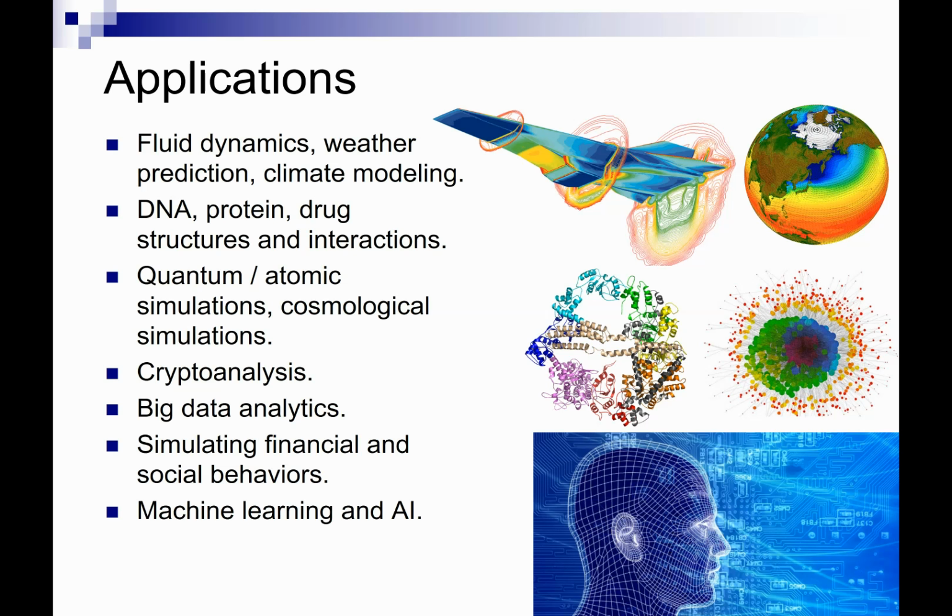And another very important application for parallel computing nowadays is machine learning and artificial intelligence. Of course, you all know about the importance of things like deep learning and how successful it's been for things like image recognition and speech recognition. And there are new applications for machine learning being discovered all the time, such as reinforcement learning and other directions.